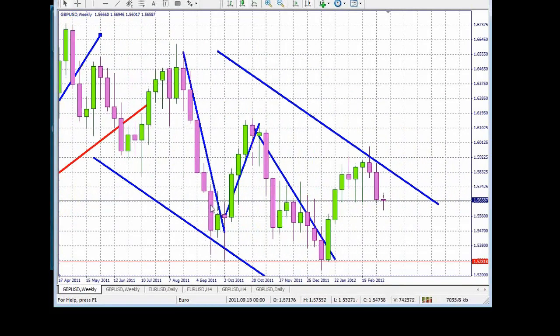The corrective waves, usually named ABC, have the same length. Actually, in most cases, wave A is equal to wave C. Also, we can measure those waves with Fibonacci.